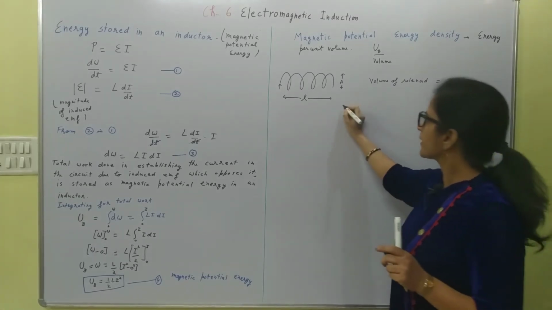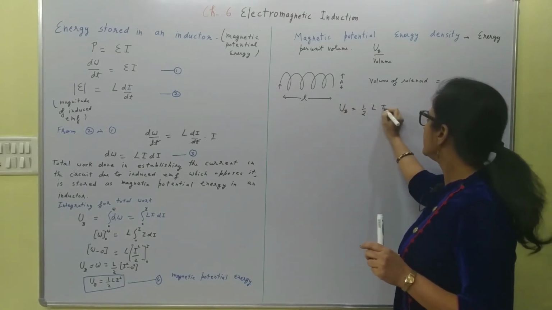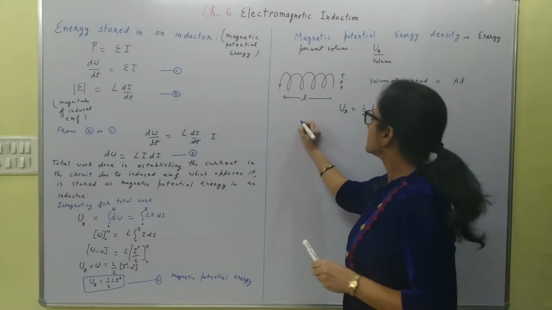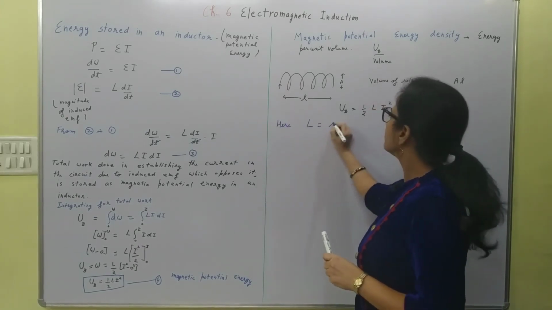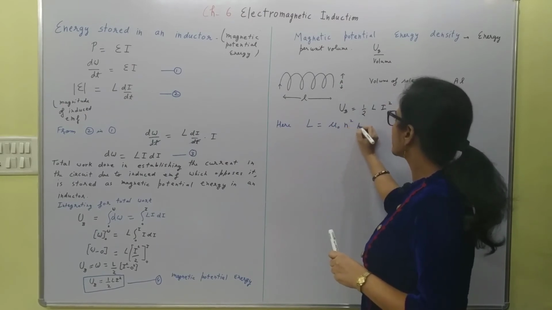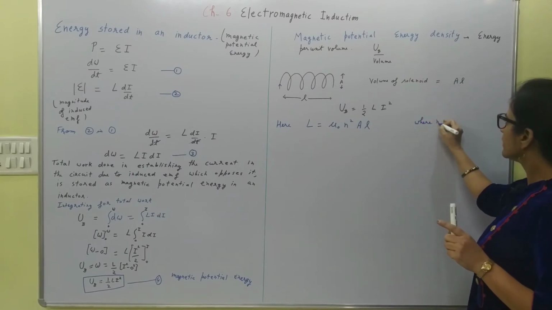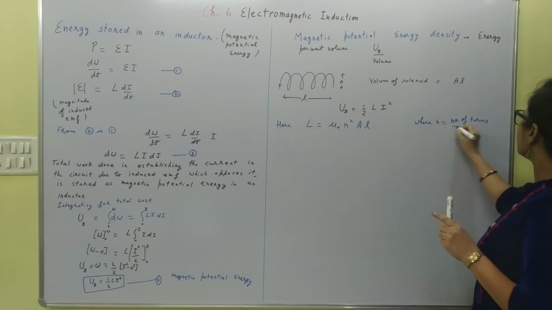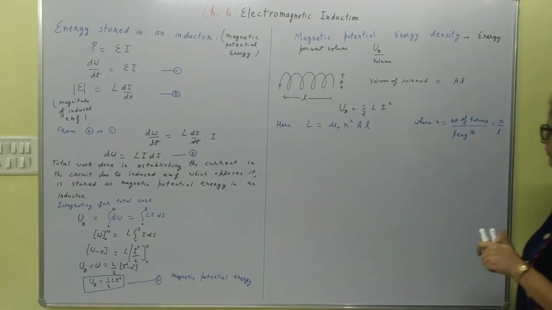What is the formula for magnetic potential energy? This is half L I square. What is the formula for the self inductance of a solenoid? L is equal to mu naught n square A L, where small n is the number of turns per unit length, right?